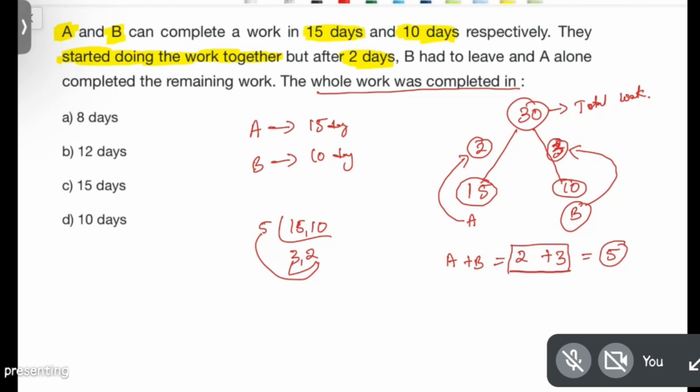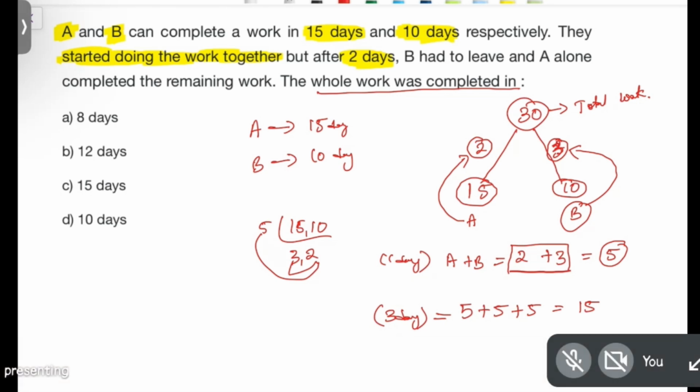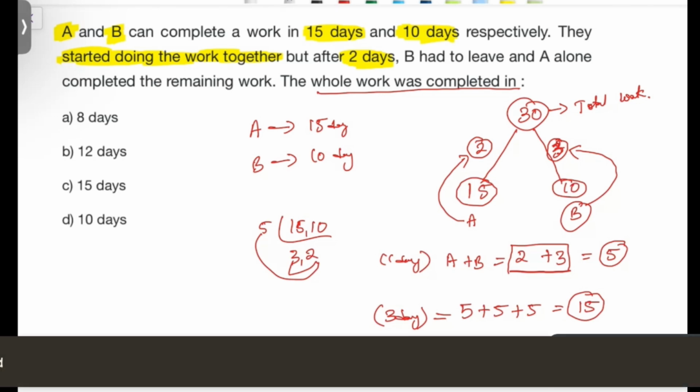Now, this is for 1 day. But for 3 days, it will be how much? 5 for 1 day, another 5 for another day, and another 5 for another day, which means our answer is 15. Or simply you can write 5 into 3. So out of this total 30, I'll just write the remaining work.